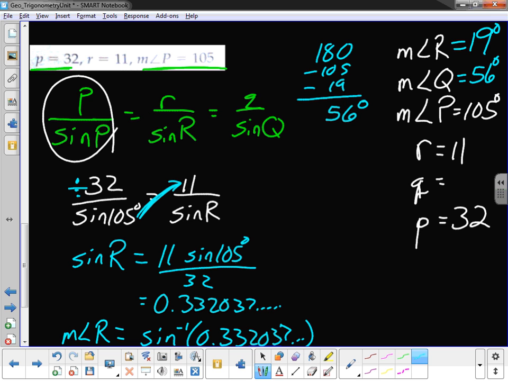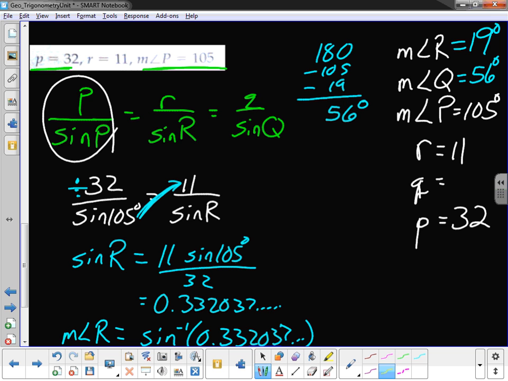Now, here's what I tell you over and over: when possible, do not use any rounded values. But to figure out side Q, I have to use angle Q, and angle Q was a rounded number. Let that be known, it's going to happen. If possible, use the whole number in the calculator.